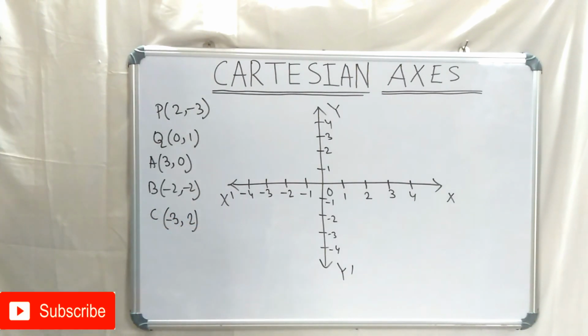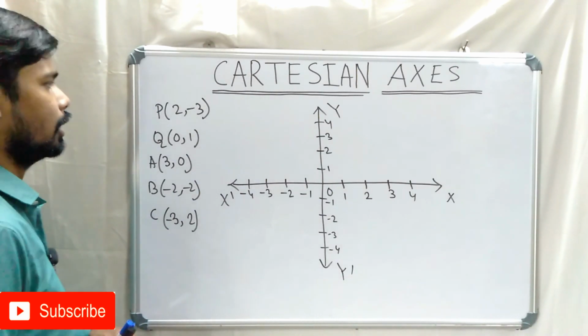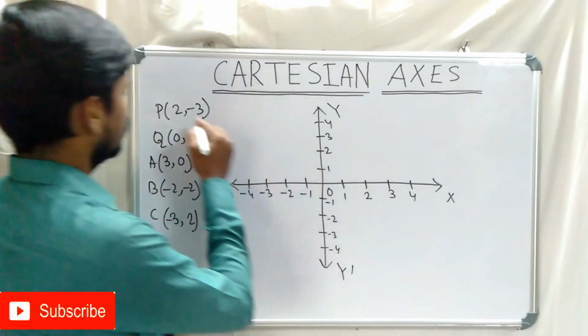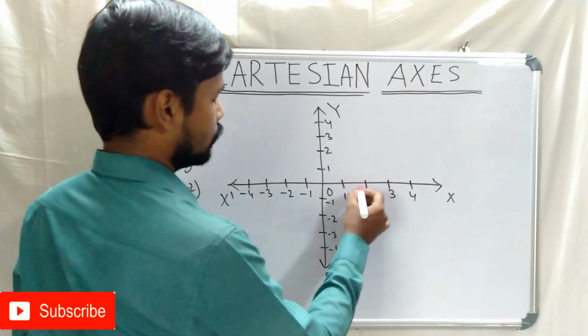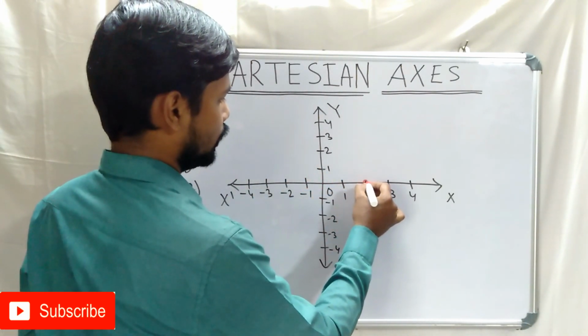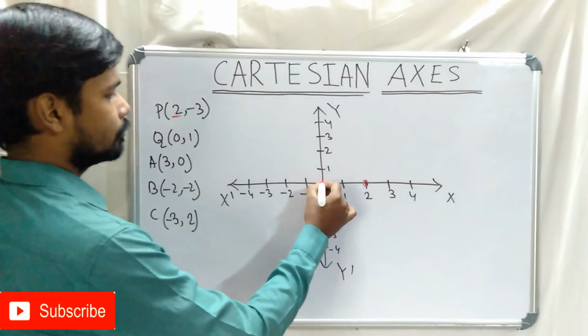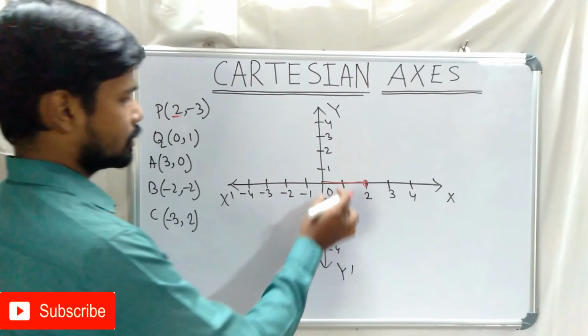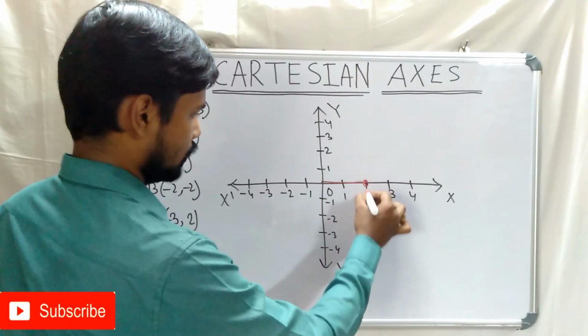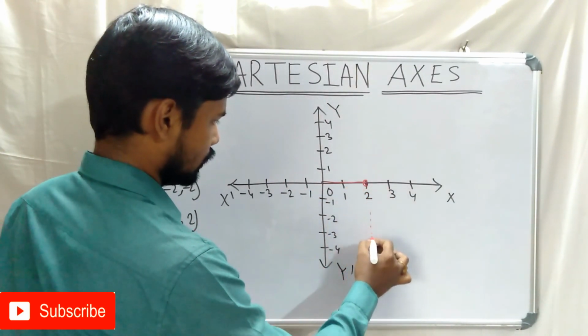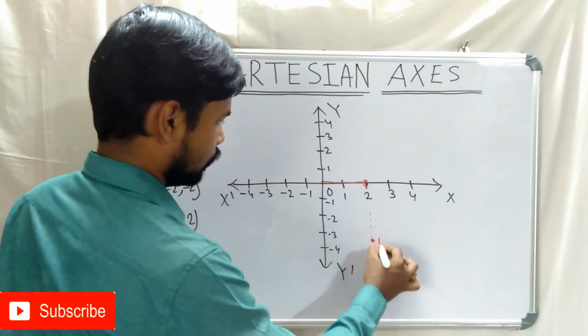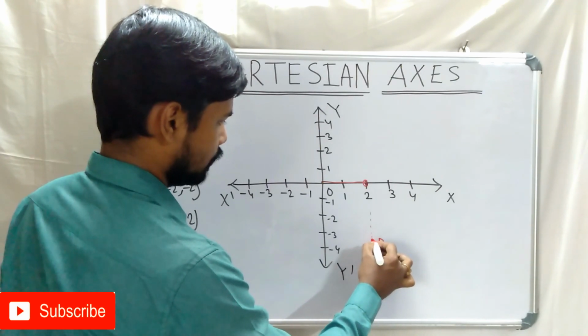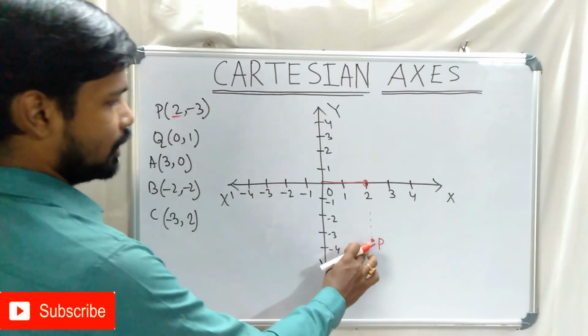Now look, for the first point P, the coordinates of P are 2, minus 3, that is along the x-axis we have to go up to the point 2, and then we have to go minus 3 distance from the origin, that is below the origin. So the location of the point P is here.